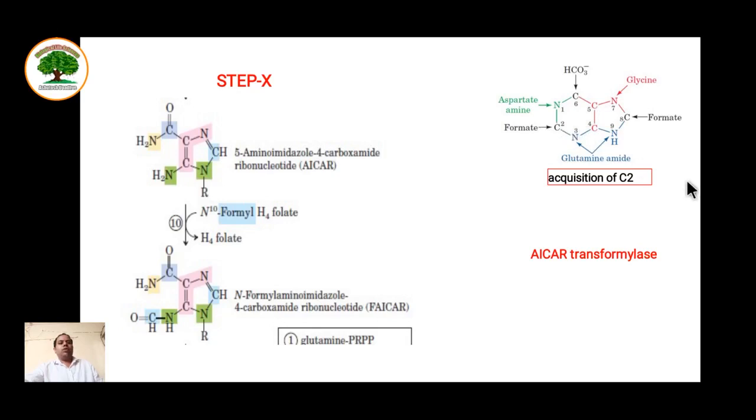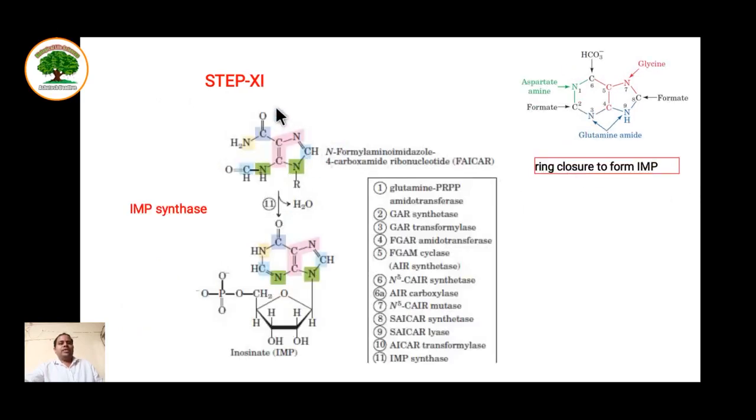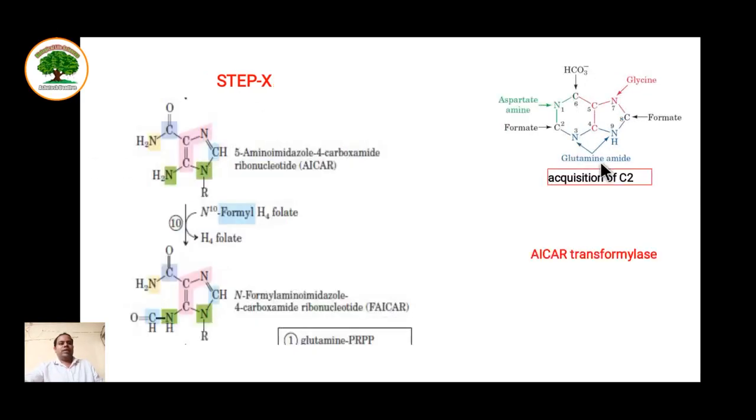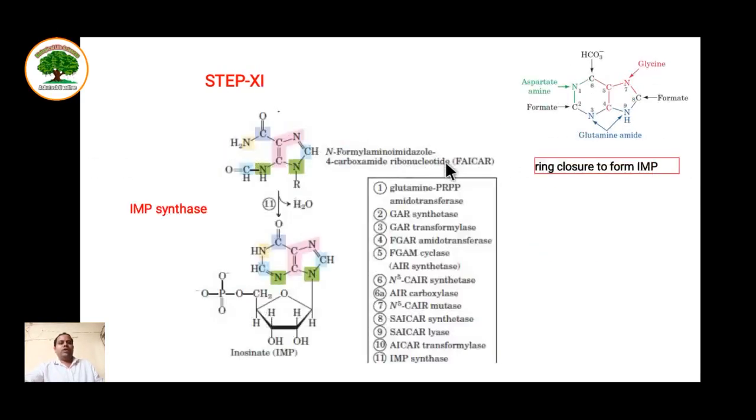Okay, so now at step number 11, you can see here FAICAR, the product in the previous reaction, is acted on by the enzyme IMP synthetase, that is inosinate monophosphate synthetase.